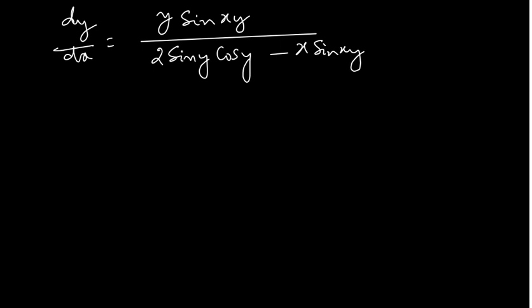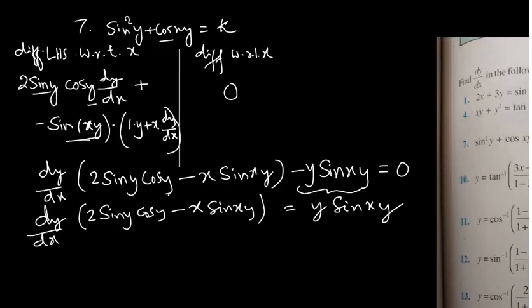So this is the answer. Okay, any doubts or questions, or what you understood or what you haven't understood? No? So previous page, go here. Understood, right? So then I'll go to the 8th question.